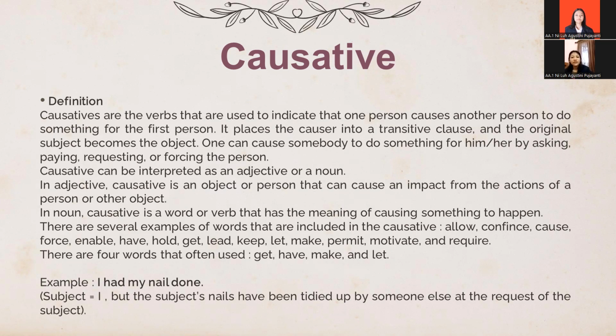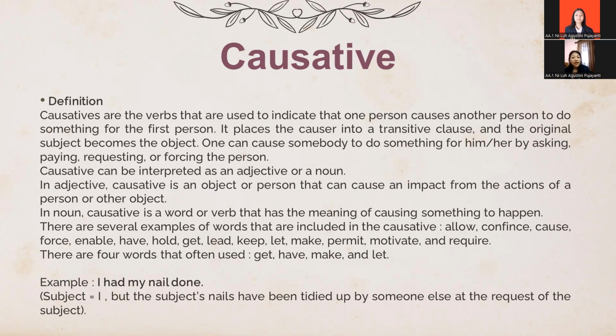So, causative itself can be interpreted as an adjective or a noun. In adjective, causative is an object or person that can cause an impact from the action of a person or other object. While in the noun sense, causative is a word or verb that has the meaning of causing something to happen.